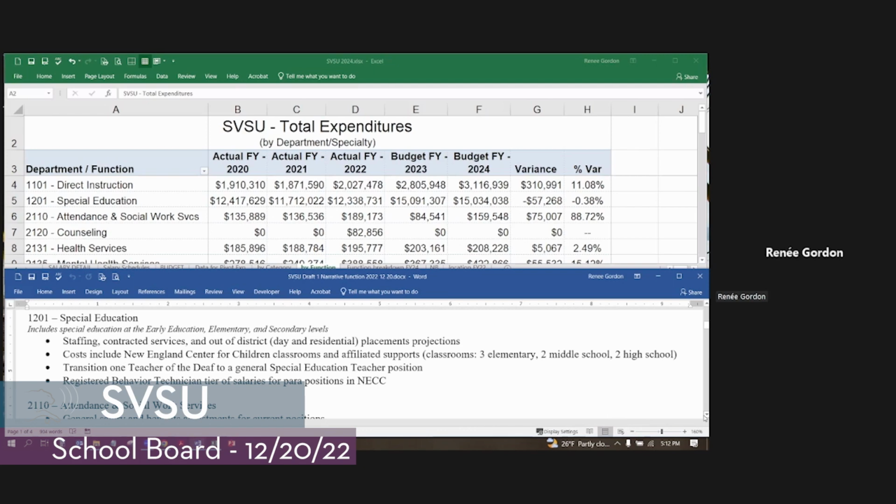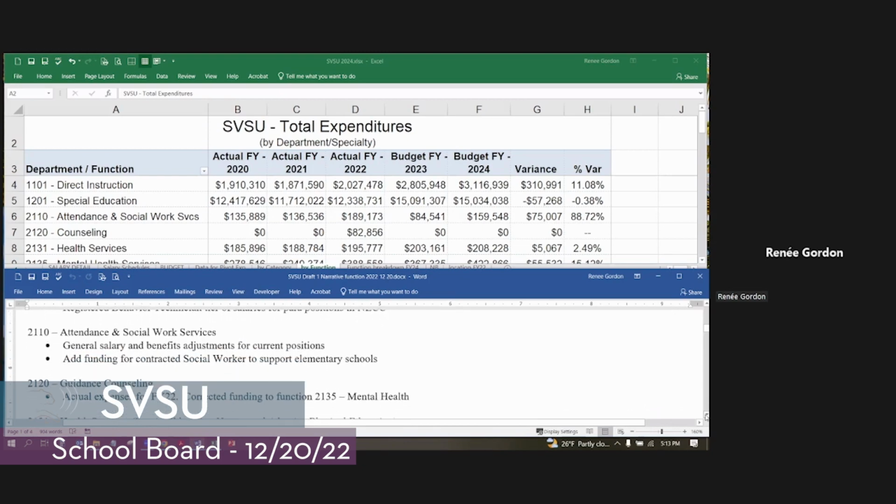We did transition one teacher of the deaf, which is, I think, 2151, the hearing impairment code, to a special education teacher. So that is contributing to some of the change that you're seeing there, and the registered behavior technician tier of salaries. Also included in that would be the tuition for our out-of-district placement. So that overarching is what's contributing to the reduction there.